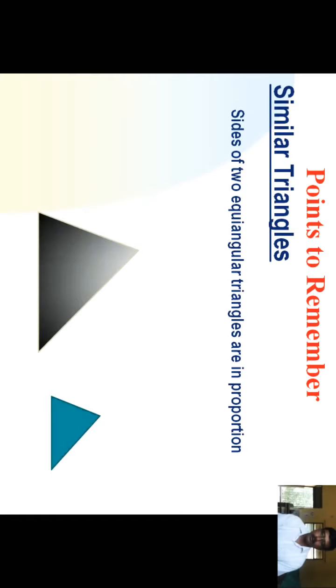That is all about similar triangles, which we have proved, that theorem also. Here, if the corresponding angles are equal, then the corresponding sides are in proportion.